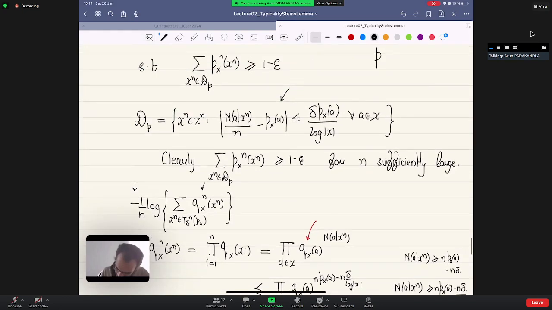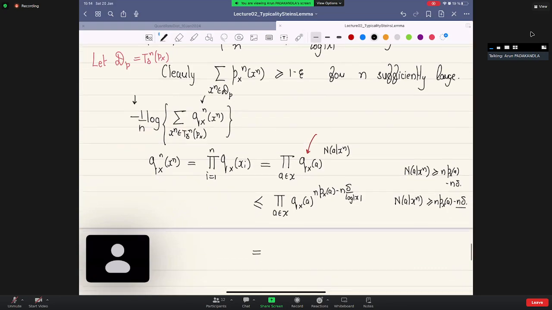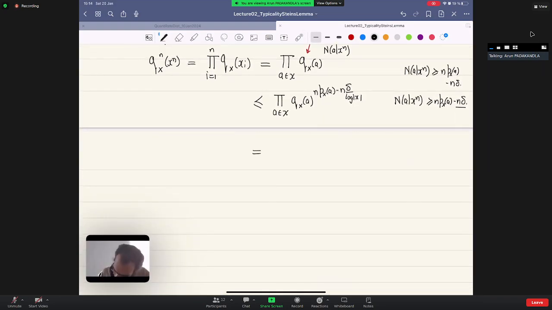So let Dp equal T delta n px. Is that okay? One of you who asked the question? Okay. So that's that. There should be another px multiplied to delta. Yeah, thank you. You're right.